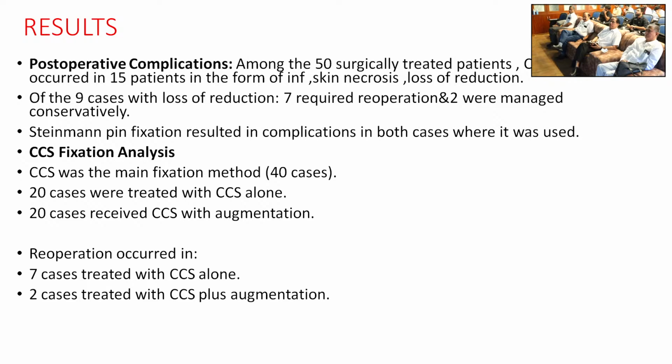Posterior skin necrosis. Skin problems. See, the main complication is skin necrosis, wound healing. That's the main problem. That's why there are various other ways, minimal access. Especially in the exam, let them finish and take a gap of 10 seconds.